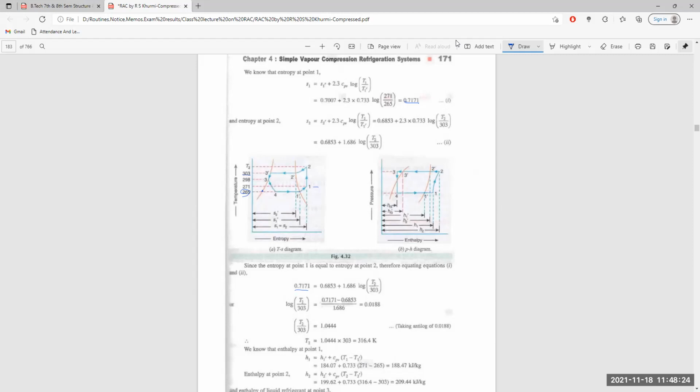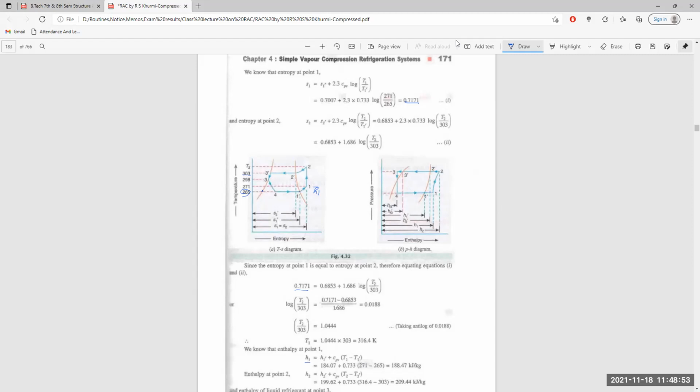So we have got the temperature here, and we have got the entropy here. Now we have to calculate the enthalpy at point 1, that is H1. H1 is given as H1 dash, the enthalpy at the point 1 dash on the vapor saturated line, which is given in the problem, plus the specific heat of the vapor refrigerant multiplied by the rise in temperature from T1 dash to T1.